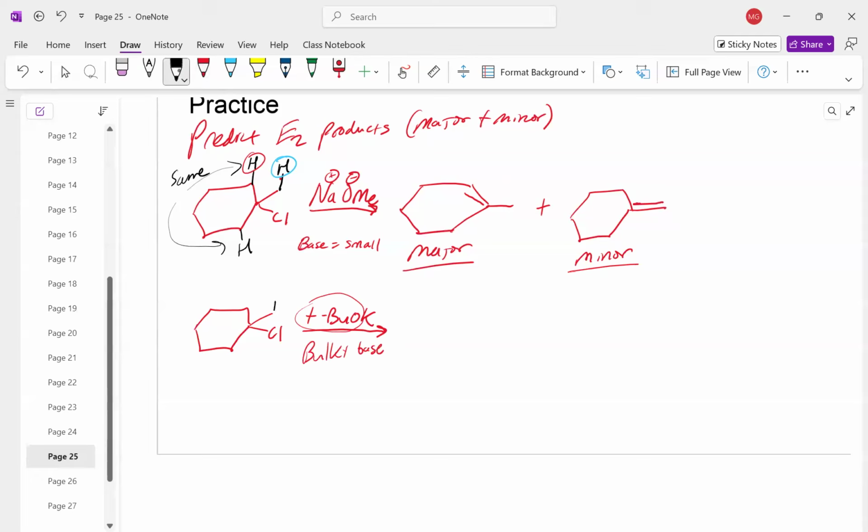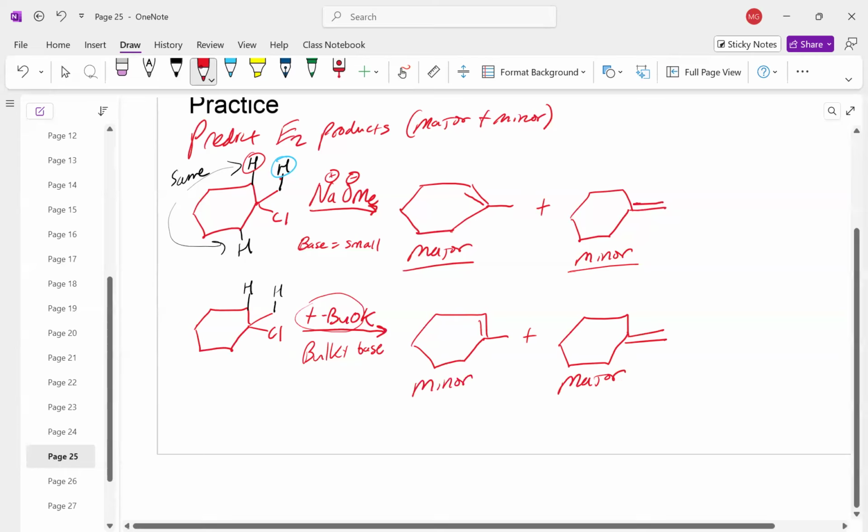Now, let's draw all the possibilities again. Those are two possible products. We're going to have the exact same products, but the difference is now that we're using a bulky base, the major product is the Hofmann product, and the minor product is the Zaitsev product because a bulky base was used.